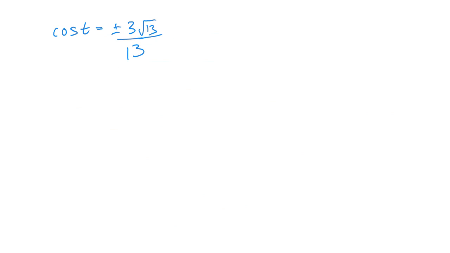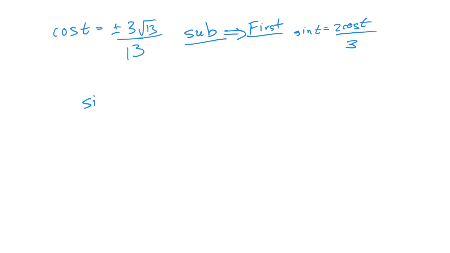Remember, cosine of t is this. And we can use our first equation, which we solved to be sine of t equals 2 cos t over 3. We can substitute this into that equation. So sine of t is equal to 2 over 3 times the quantity plus or minus 3 root 13 over 13.